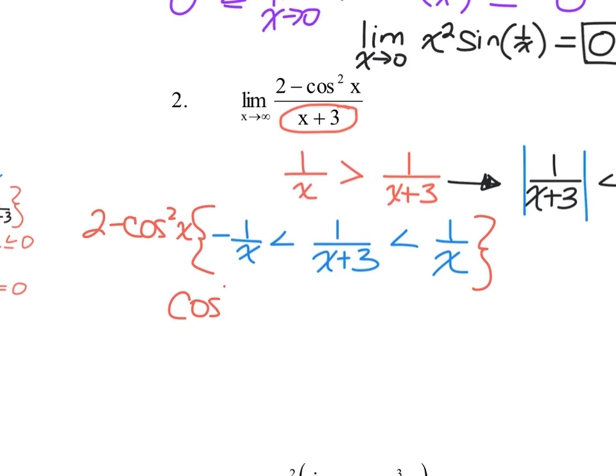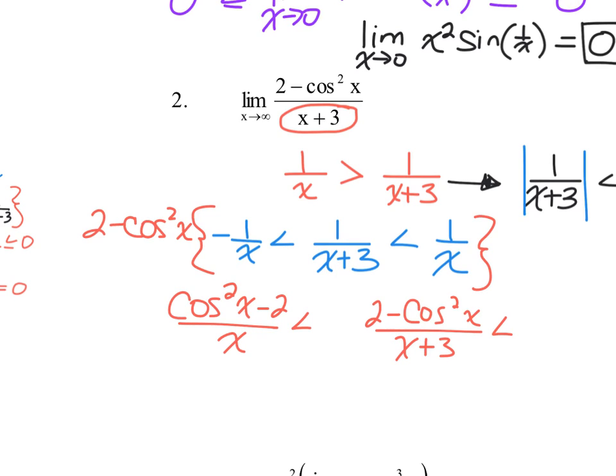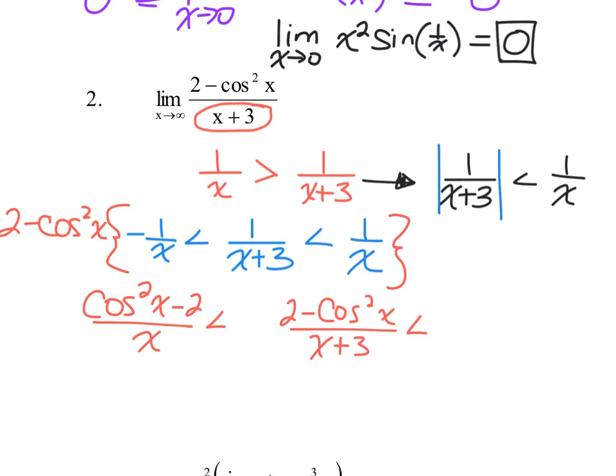Cosine squared x minus 2 over x less than 2 minus cosine squared x over x plus 3 less than 2 minus cosine squared x over x. All right, so we took this approach, we got to this step.